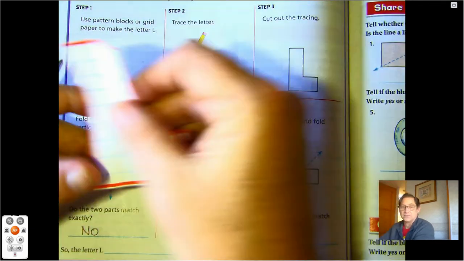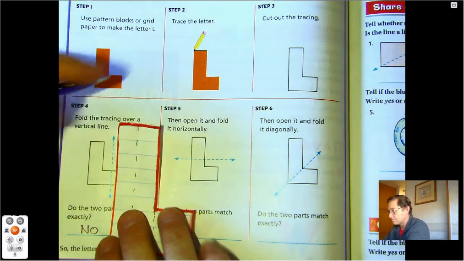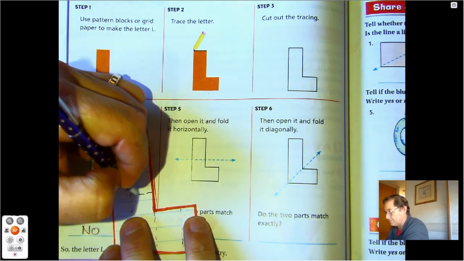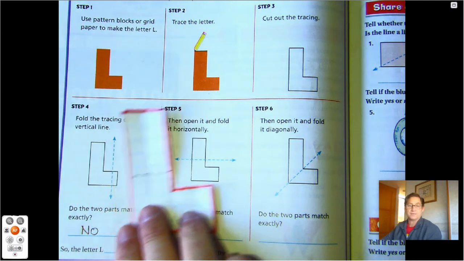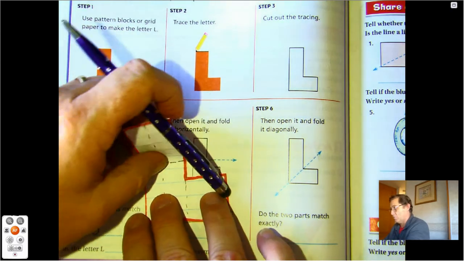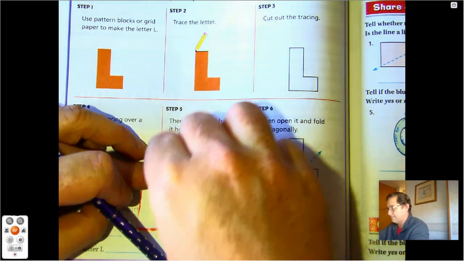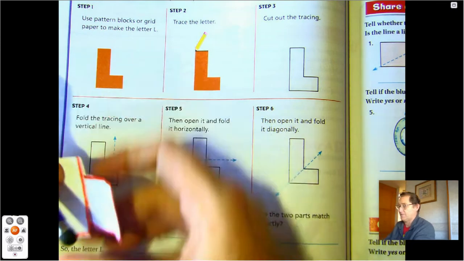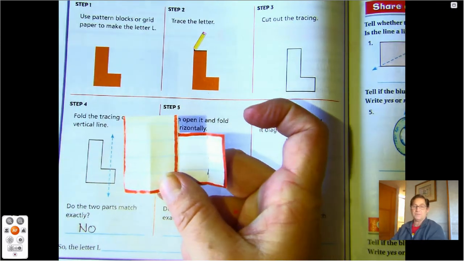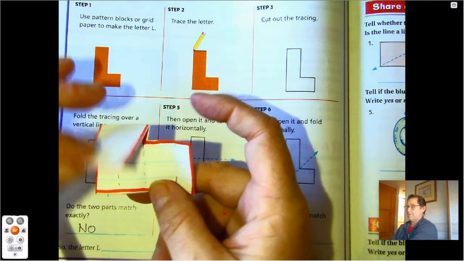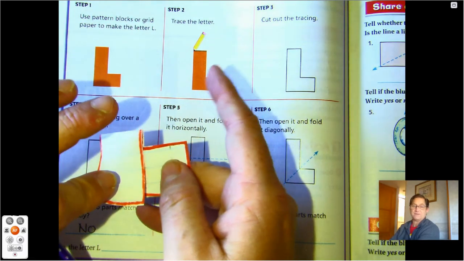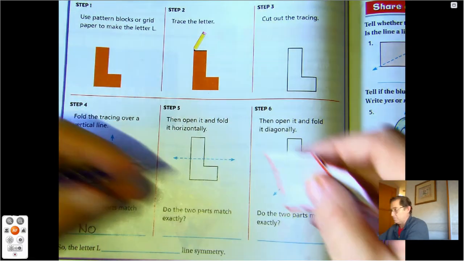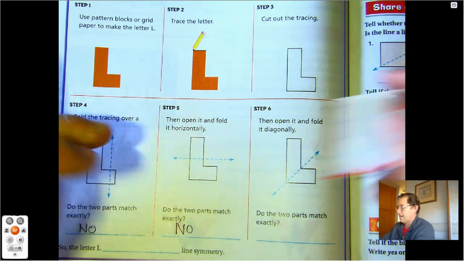How about horizontally? So let's divide it horizontally along that line. Fold it at the fold line, or what they're saying is the line of symmetry, and do they match up? No. When I fold it, this piece here is left out. So no. All right, how about diagonally?